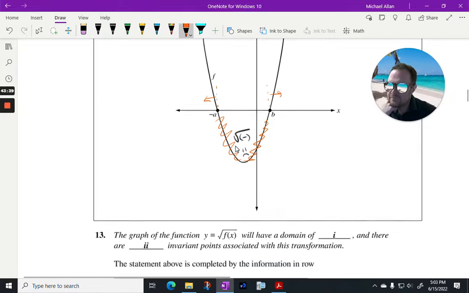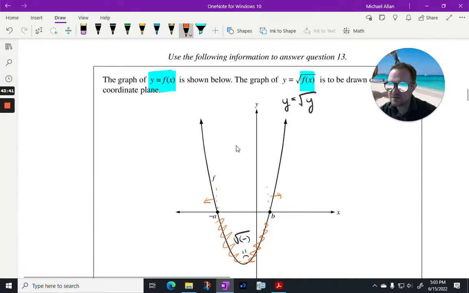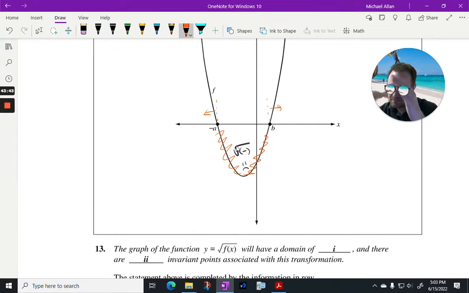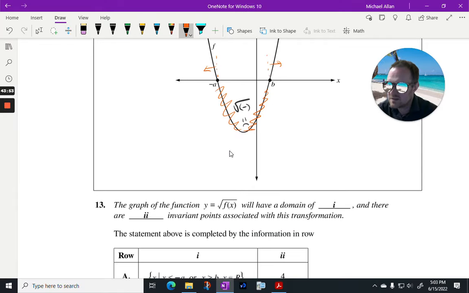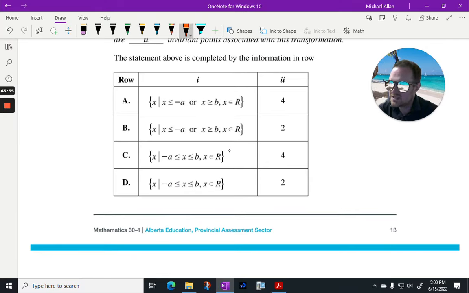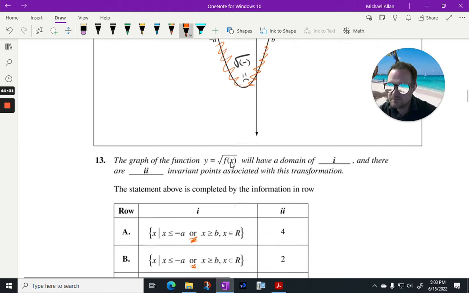So I have this big gap in the middle of my graph, because the negative part is in that middle part, so I lose it. Now, if it was upside down, the negative part would be on the outside edges, and the positive part in the middle. But since I'm losing the negative part in the middle, I know I'm going to have to be using the OR statement here, so I'm going to cross these ones off. So I know it has to be one of those two.